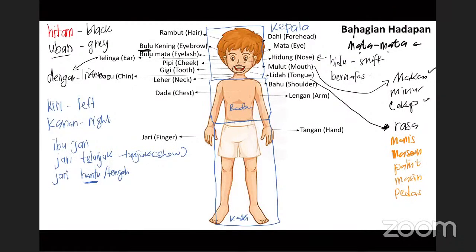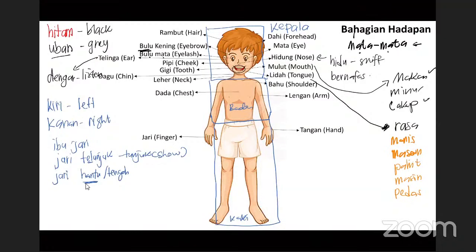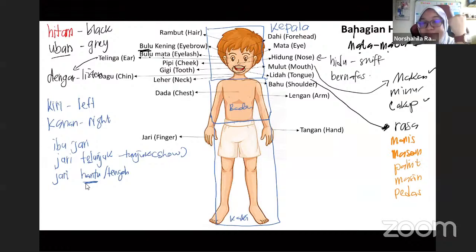Yes, I am. What does the word hantu mean? It means ghost. Okay, thank you so much. So the word hantu, H-A-N-T-U, means ghost. I'm not sure how a Malaysian or Indonesian came up with jari hantu. So this is the ghost finger.